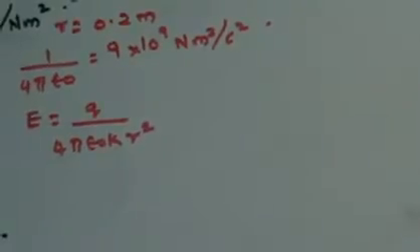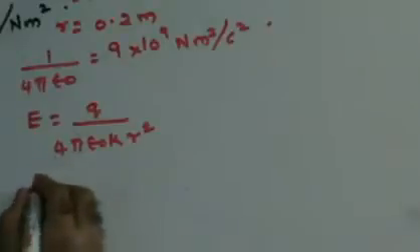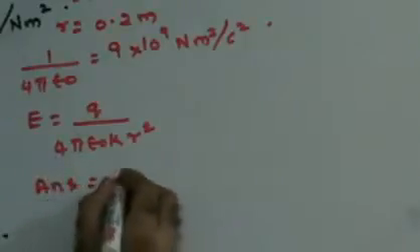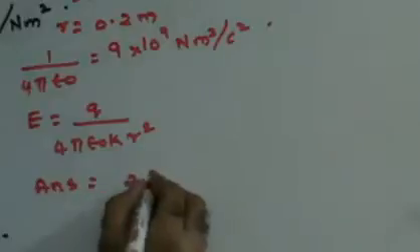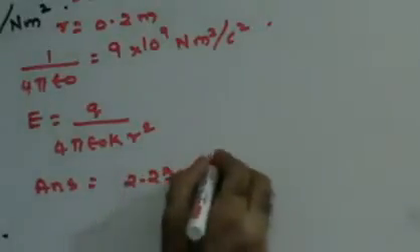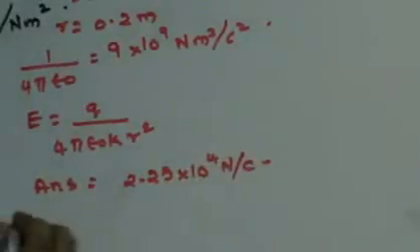Q is given to you, the distance small r is given to you, 1 upon 4 pi epsilon 0 is given to you. Since it is air, K is going to be equal to 1. All the values are given to you, straightforward multiplication and division. You should get this answer as 2.25 into 10 raised to 4 newtons per coulomb.